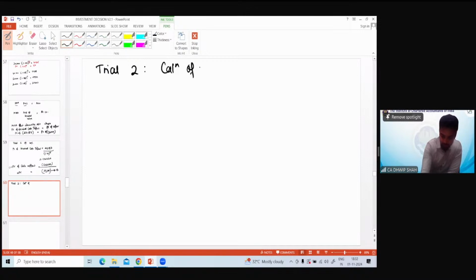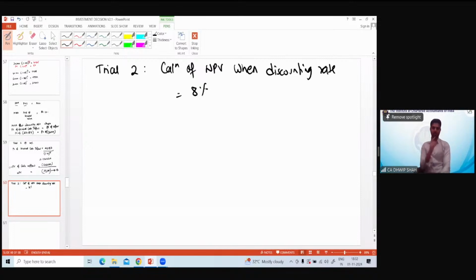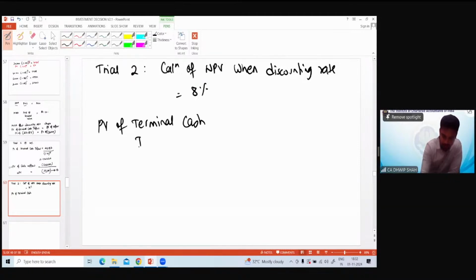Calculation of NPV when the discounting rate is equal to 9%. Or let's take a gap of 2. Let's take 8%. Okay? So again, present value of terminal cash inflow.